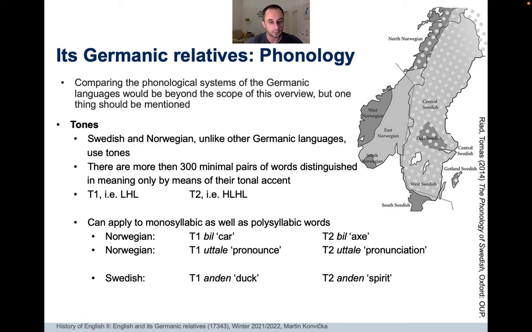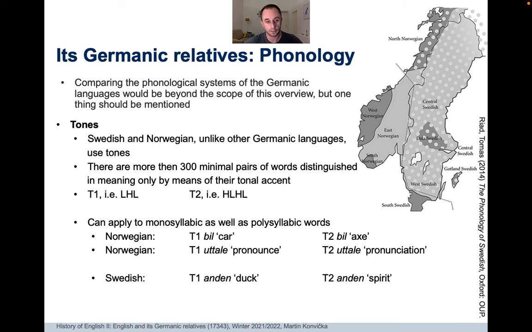So I can't really pronounce that correctly, but there is the difference in Norwegian between, or at least in certain varieties of Norwegian, between the pronunciation of the word bil with the first tone and with the second tone, and it can either mean car or axe.